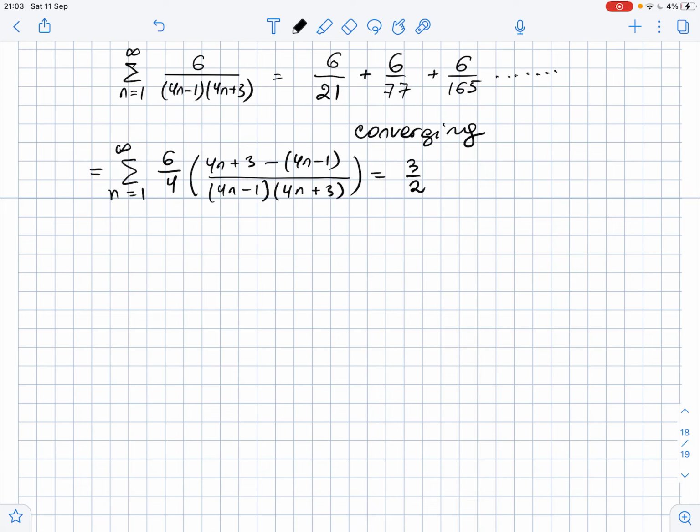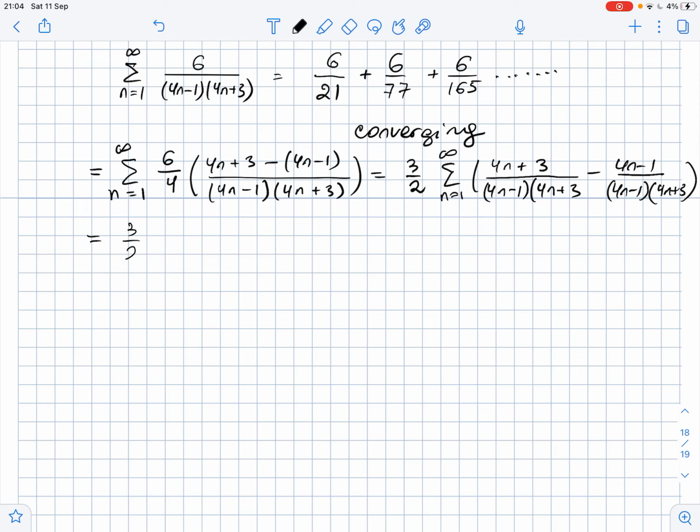Then this equals 3 over 2 times the sum of 4n plus 3 divided by 4n minus 1 times 4n plus 3, and minus 4n minus 1 divided by 4n minus 1 times 4n plus 3, and n goes from 1 to infinity.